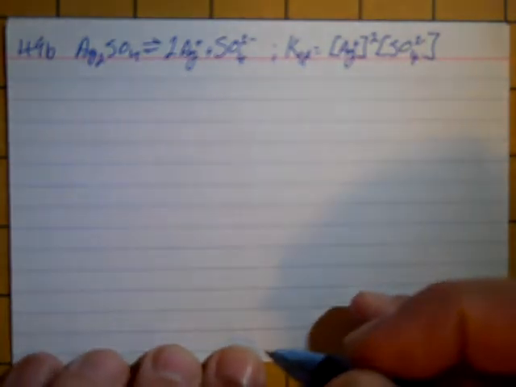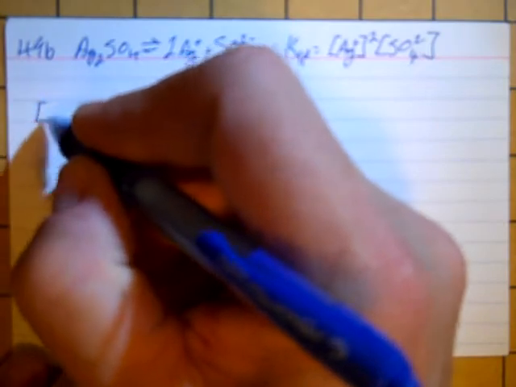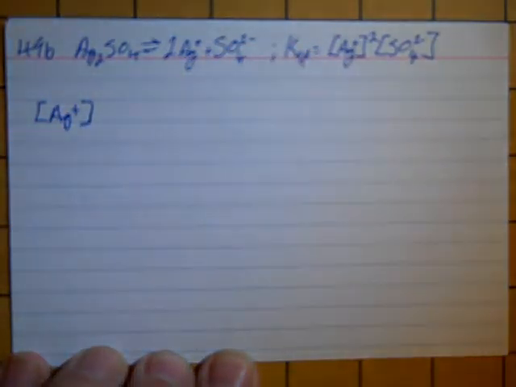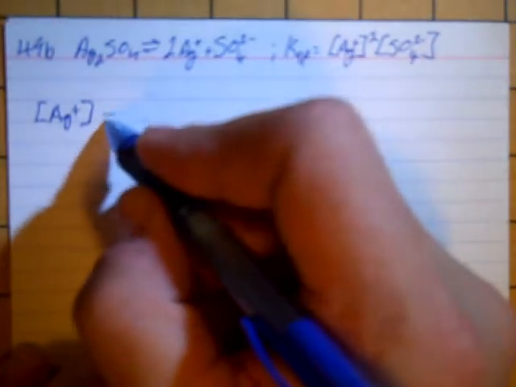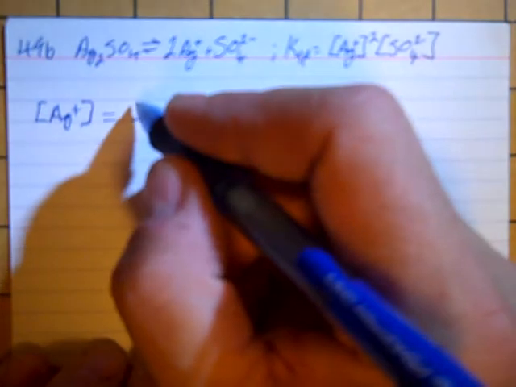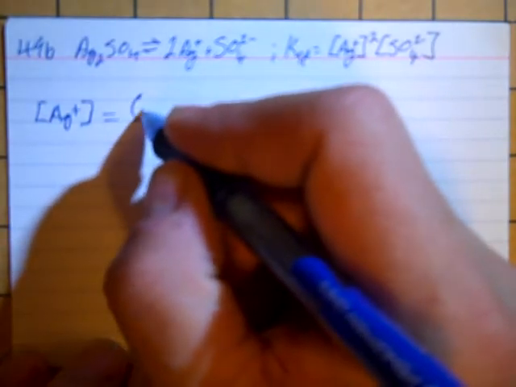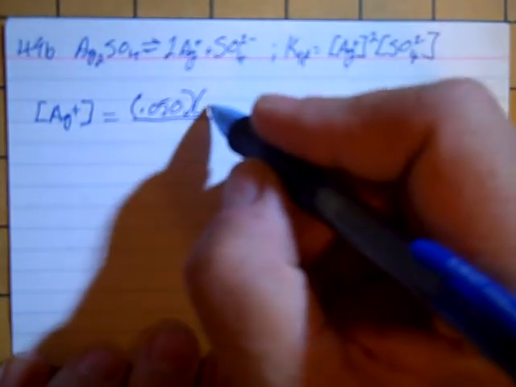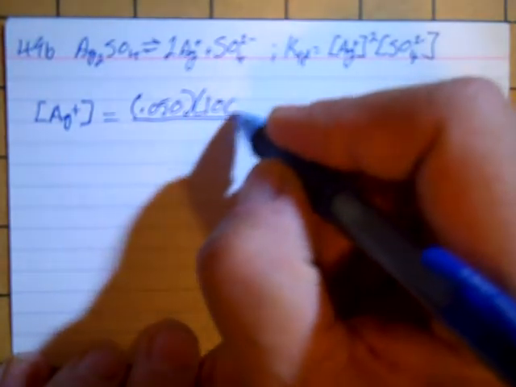So given our initial conditions, we have to find the concentration of silver ions, and that's going to equal the original concentration times the original volume divided by the total volume.